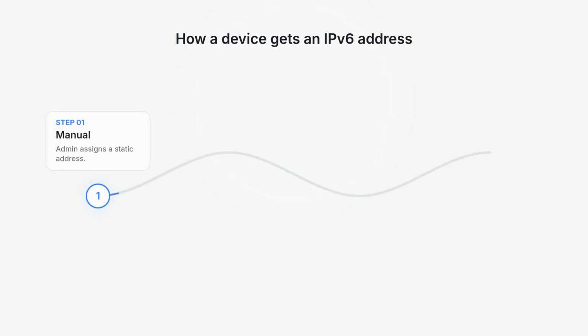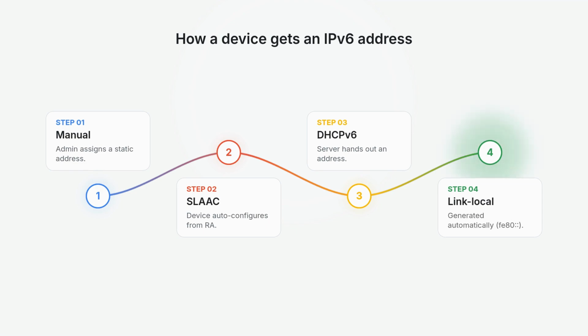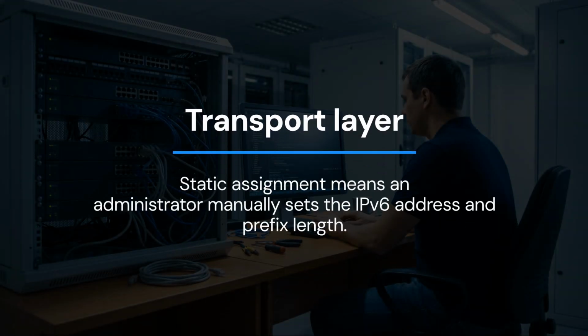Once you understand the address itself, the next question is how a device gets that IPv6 address. The most direct method is static assignment, where an administrator manually configures the address and prefix length. Another common method is SLAAC, which stands for Stateless Address Auto-Configuration.